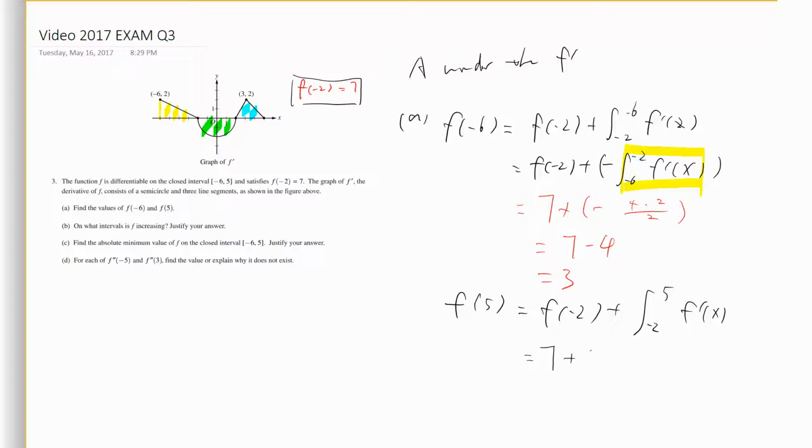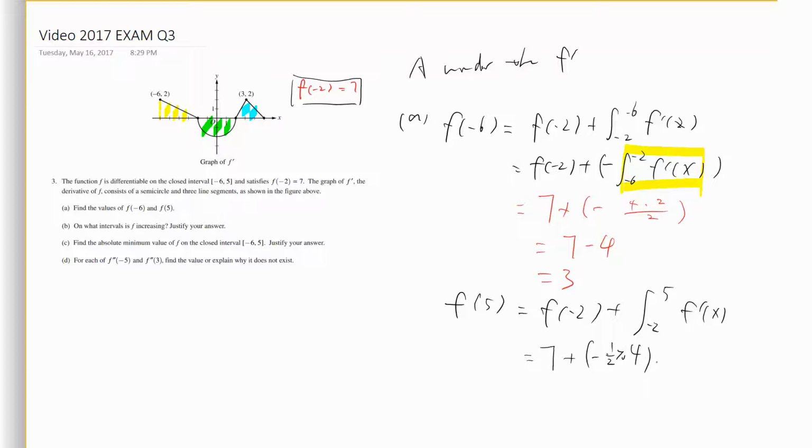So we want to add up those two areas. We have a negative because this semicircle is below the x-axis, so it gives us a negative value. So we have negative one half pi r squared, with r equals 2, squared is 4.